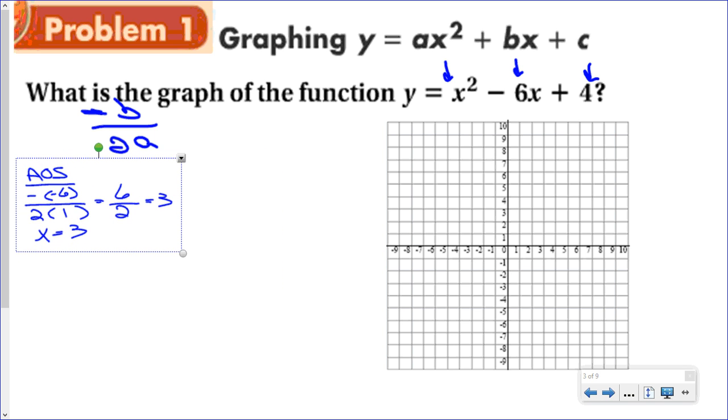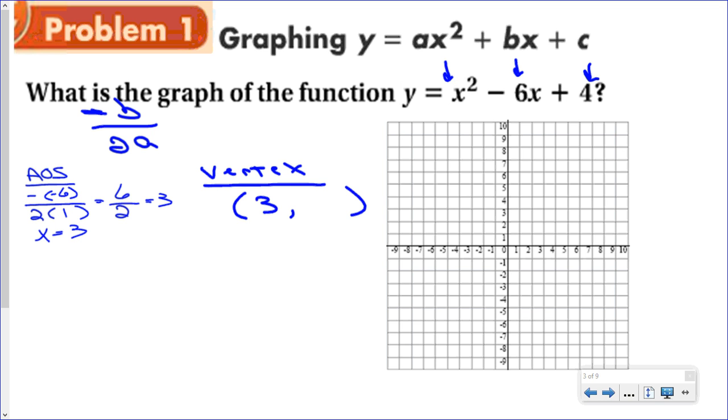Okay, now your vertex is found by getting a coordinate, and the coordinate is located at 3, comma, and then we're going to find out what the y value is. Notice how we took this x equals 3 from here, and we just brought it over and put it in place of the x column. You'll have to use the original formula and solve for your y value.